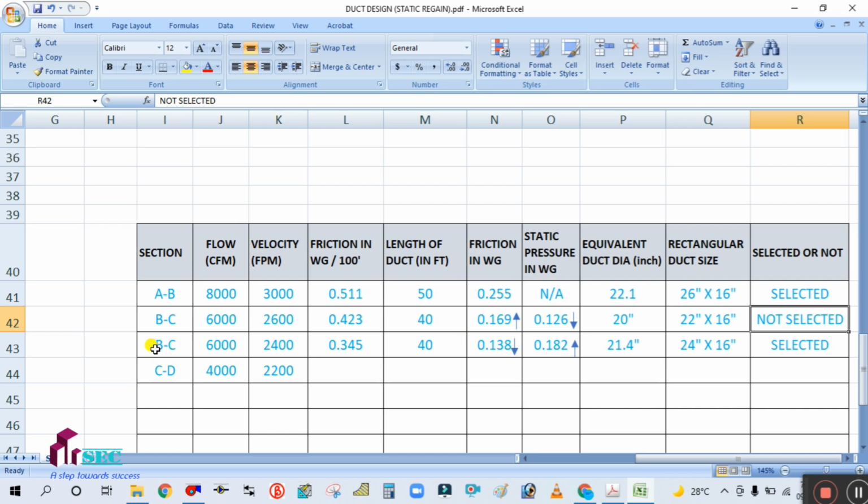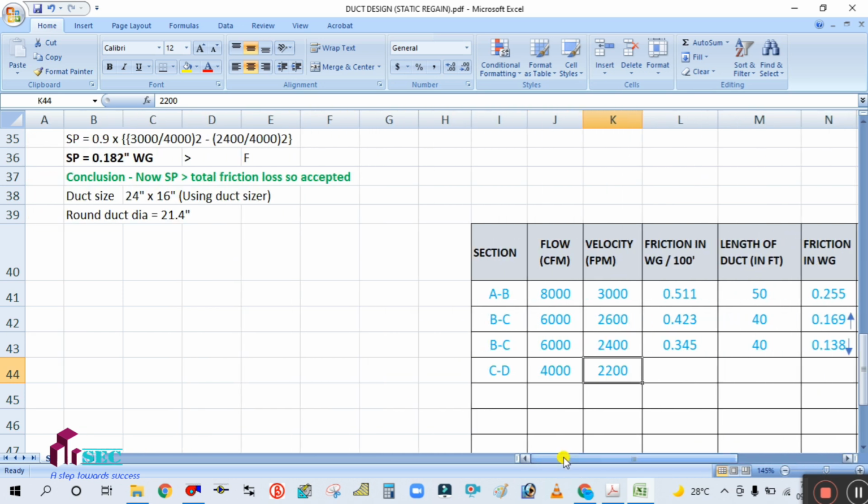So now again we are assuming another velocity from B to C, 2400, and we are getting less friction and more static pressure. That means this duct is accepted. Now for C to D you have to calculate again. This time we assume 4200 and 2200.